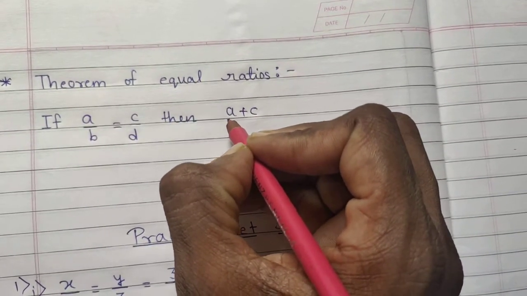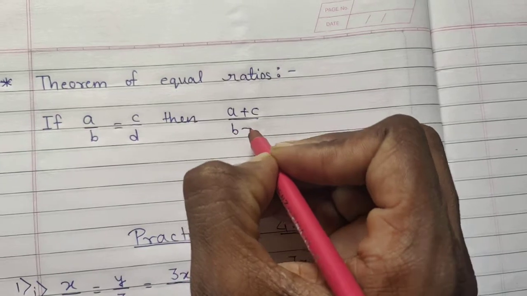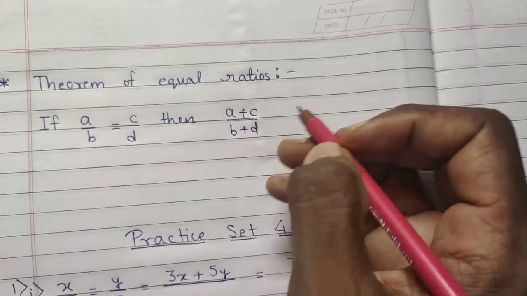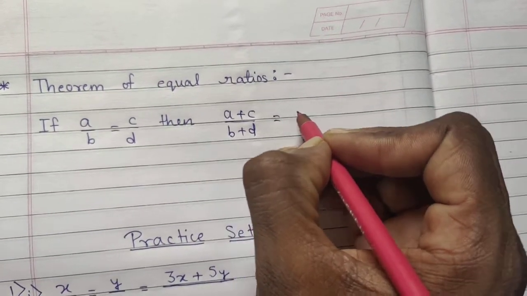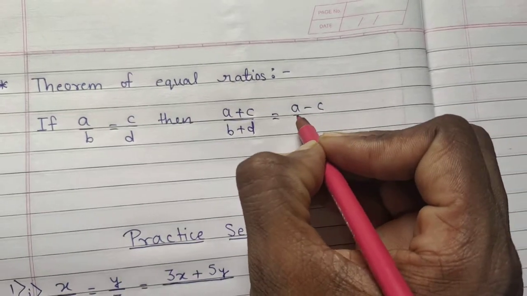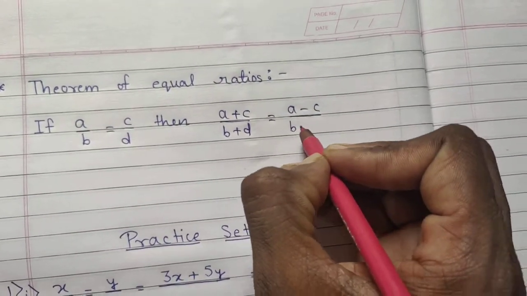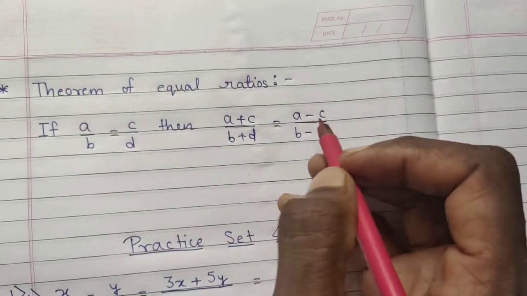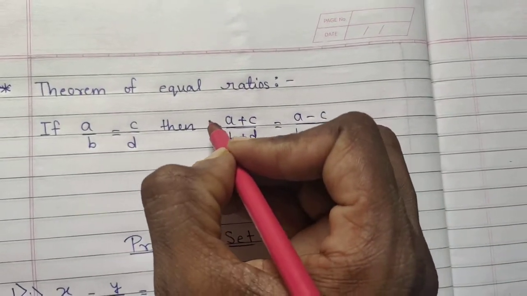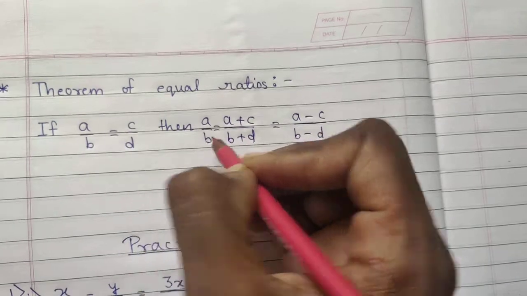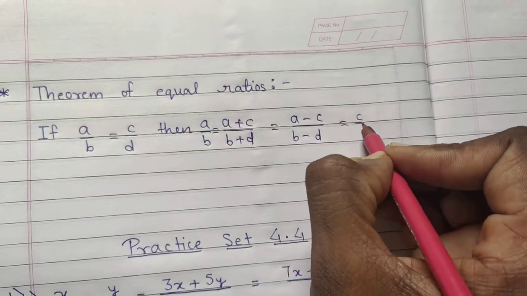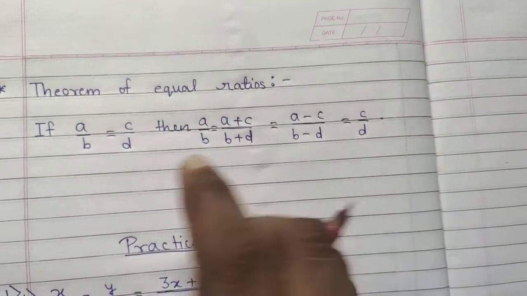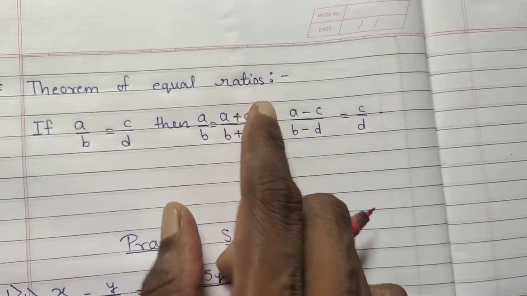But if you add in the numerator, you have to add in the denominator as well, or even subtract. If you subtract in the numerator, that same operation you have to do in the denominator. Both the ratios are equal, and also these ratios are equal to your original ratio. This is the theorem of equal ratios.